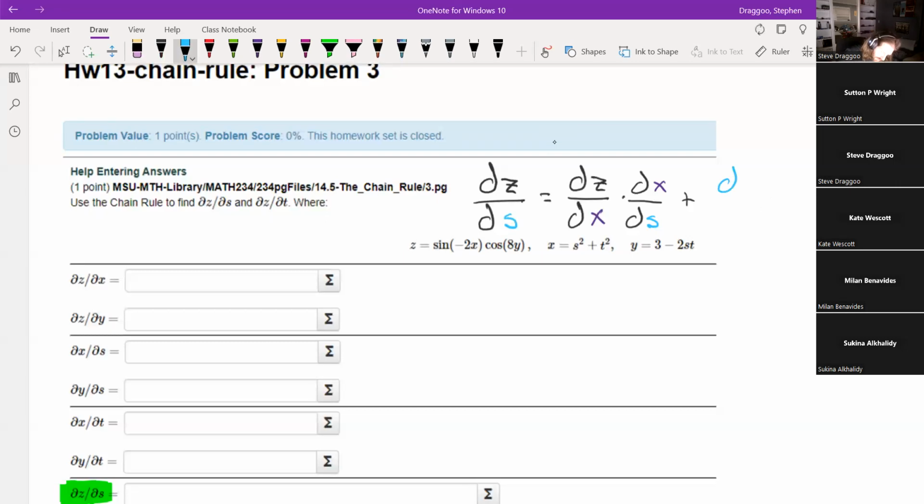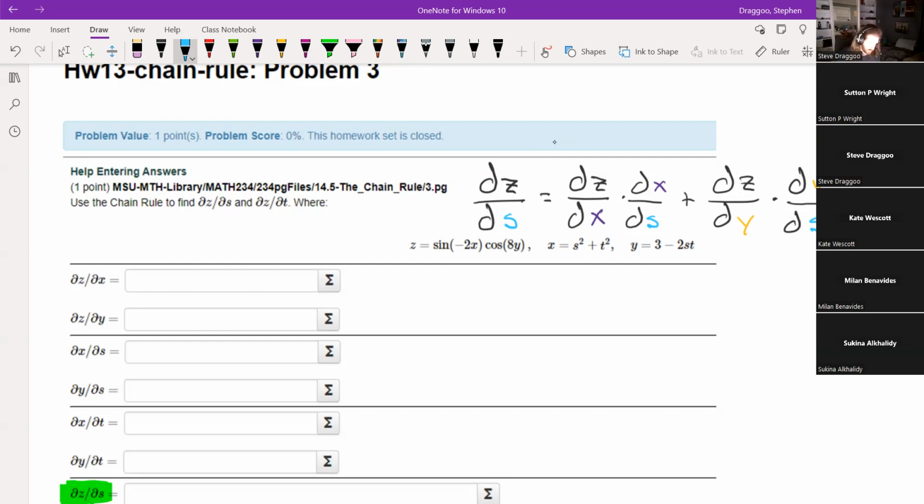Y prime works pretty much the same way, except it's y instead of x. dz/dy, the partial derivative of z with respect to y, multiplied by the derivative of y with respect to s. Because again, y is a function of s, so every time I take the derivative of y, I need to multiply by y's derivative. The derivative of y isn't just 1. Same thing earlier, whenever I take the derivative of x, I need to multiply by the derivative of x, since x's derivative is not simply 1. It is some other function of s.